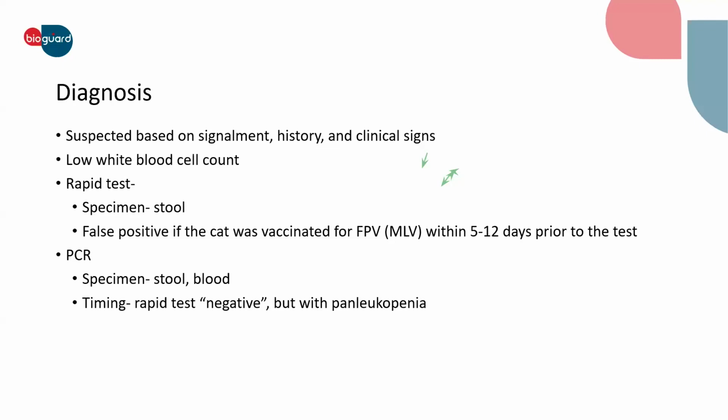Although the live vaccine is an attenuated FPV virus, it can still cause a mild infection and replicate in the intestine and then shed in the feces.